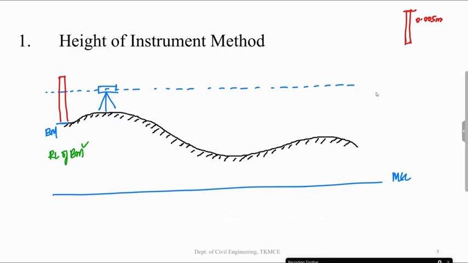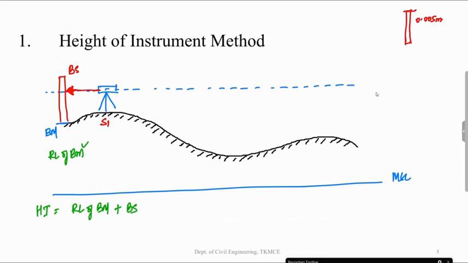From this station point, say S1, I will take the reading, and the first reading, as we have seen, is called your backsight reading. I'll sight towards the staff and take the first reading, called the backsight reading. The height of the instrument, denoted as HI, at this point S1 is nothing but the RL of BM, which is known to you, plus the backsight reading which you had taken from that particular station point S1.